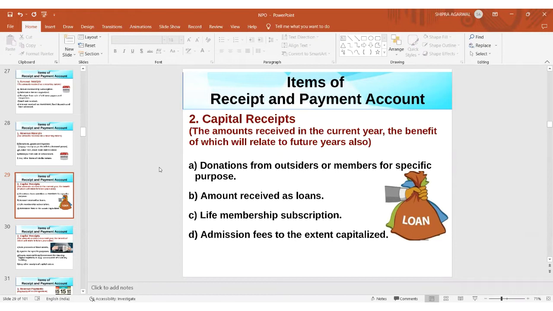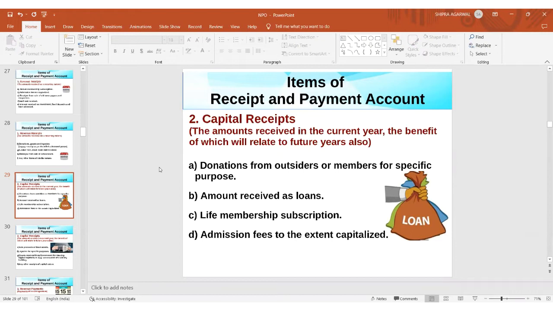So maybe if I'm talking about the amount that you have received as a loan. So taking a loan is not your regular core activity, or it's not a recurring activity. I mean, we never say that you will be taking a loan every month, right? So this is maybe once in 5 years you have taken one loan, or maybe the life membership subscription, because there can be two types of subscriptions.